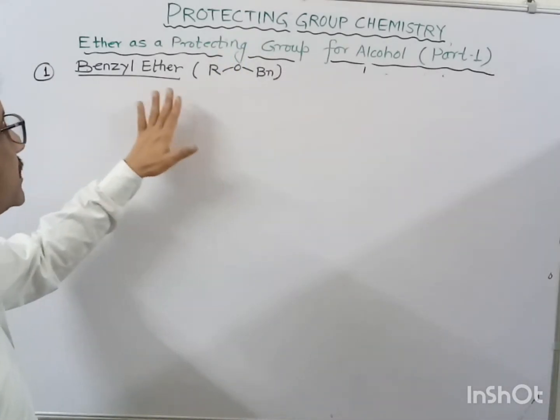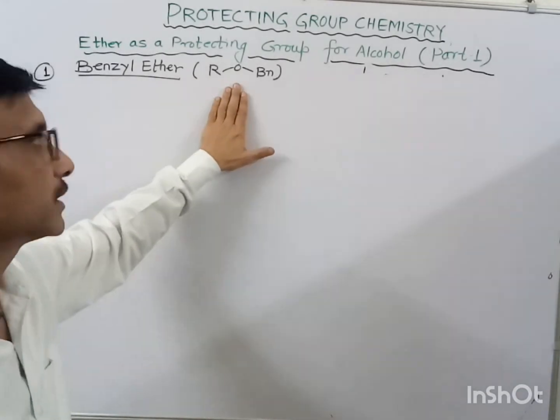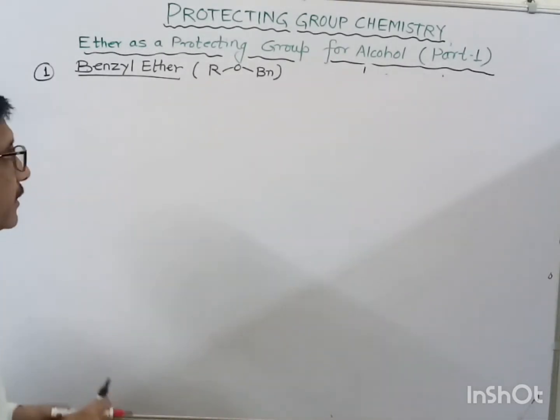The reagent used to get this benzyl ether is benzyl chloride; benzyl bromide may also be used.